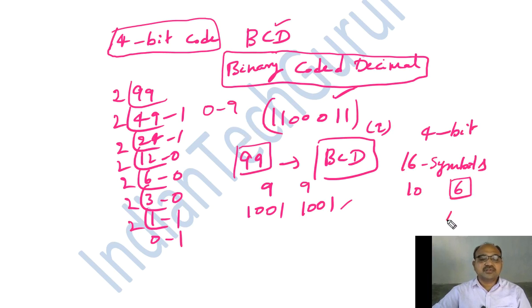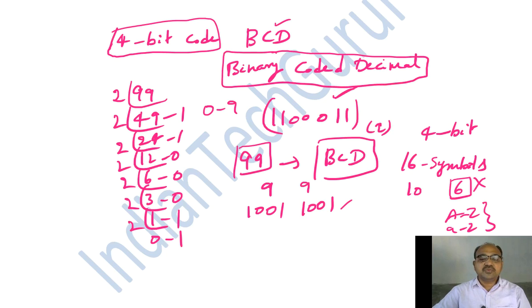If you want to use capital A to Z and small a to z, we need a huge number of symbols. It is not sufficient to represent the alphabets as well as special symbols. So BCD is used only to represent decimal numbers in the binary coded format.